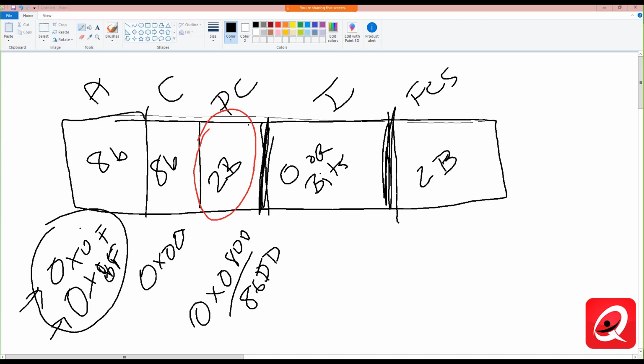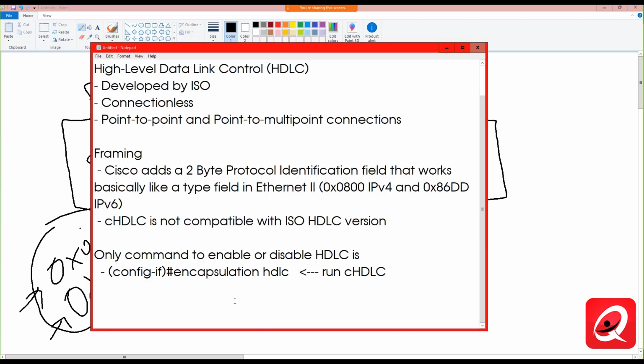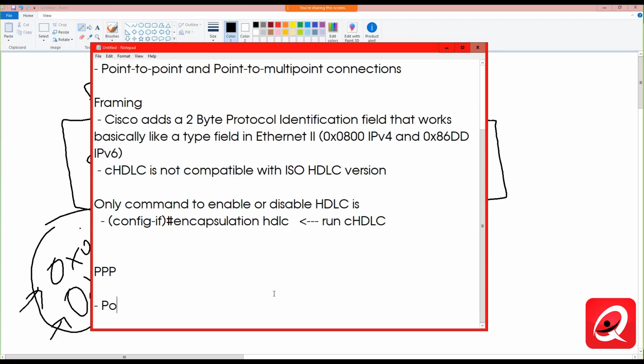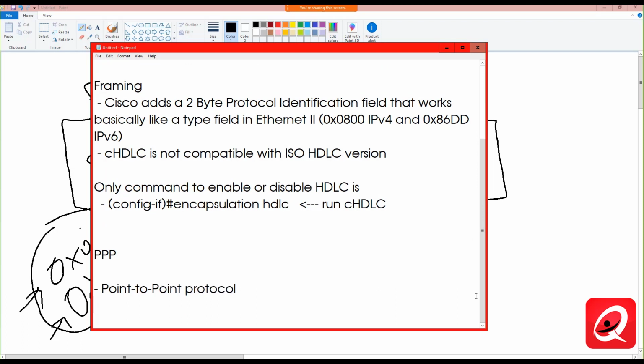PPP is a layer 2 protocol. We're going to do a little bit of background here before we move into the variations of the different configurations of PPP. So we'll create a section in our notes here, point-to-point protocol. Now, as a protocol, there are some things that I want to describe to you guys about the point-to-point protocol.